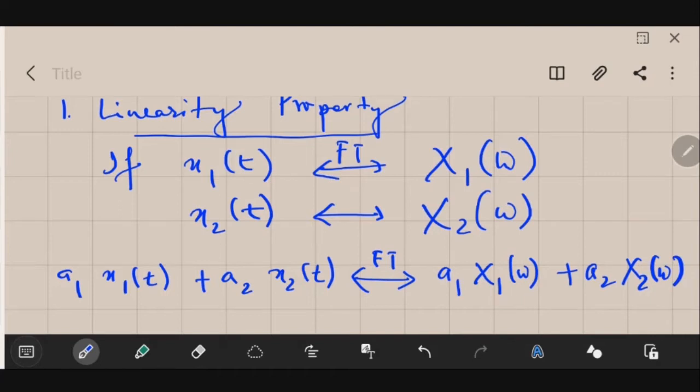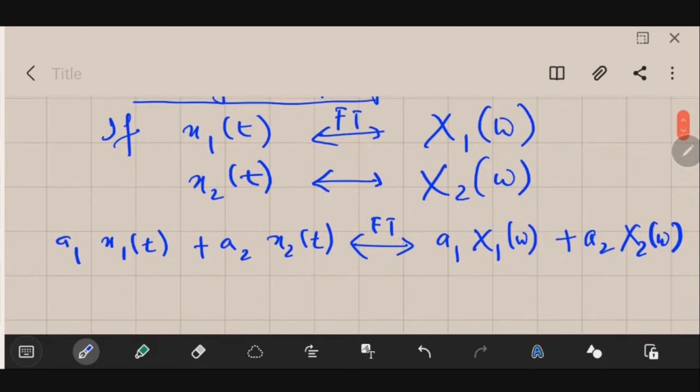Okay, so if you have two signals in this way, x1 of t having the Fourier transform capital X1 of omega, similarly x2 of t having the Fourier transform capital X2 of omega, then if we take the Fourier transform of a1 x1 of t plus a2 x2 of t, it will be a1 capital X1 of omega plus a2 capital X2 of omega.